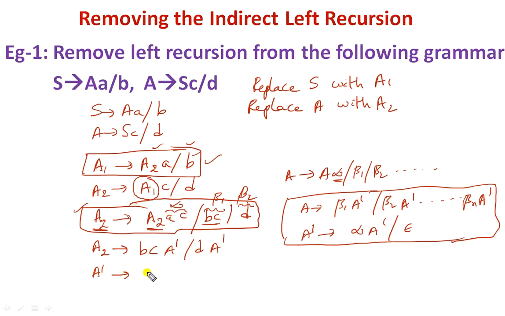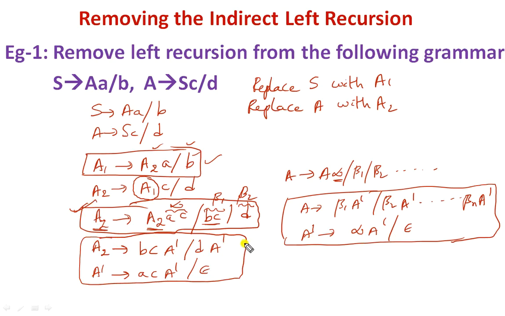What is alpha here? AC. So AC A dash or epsilon. Like that we generate new production rules. Now this particular production rule has been replaced with these two production rules.